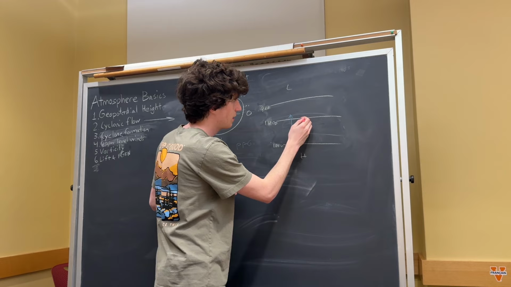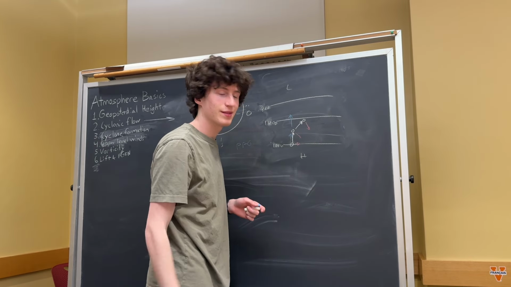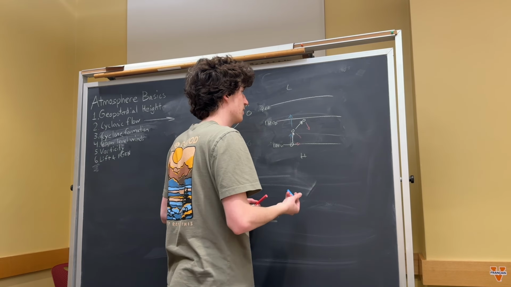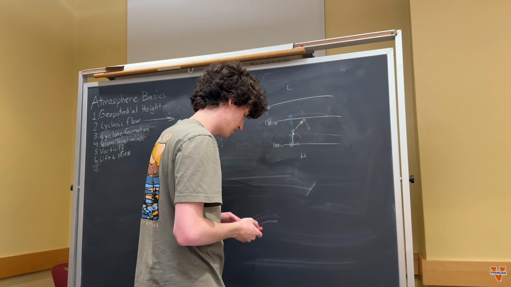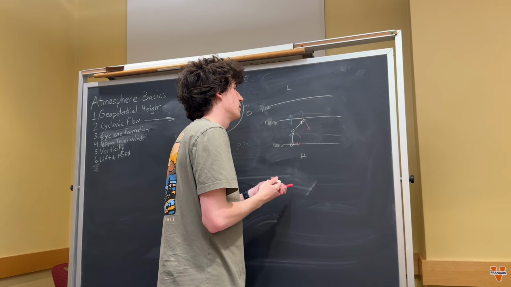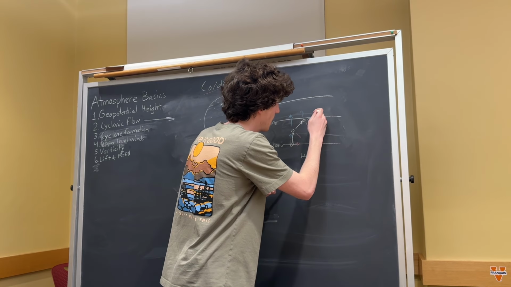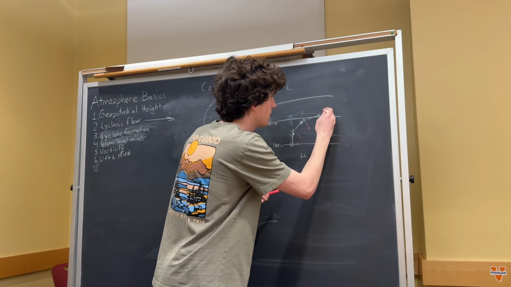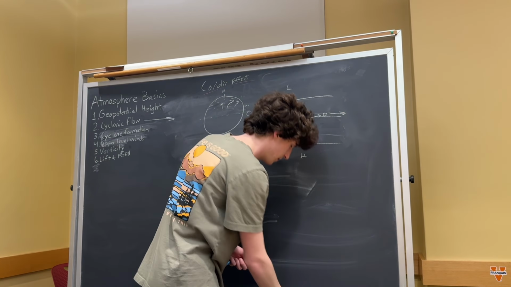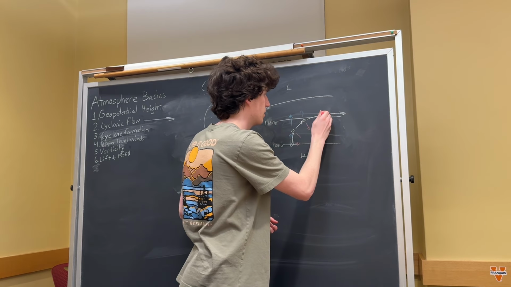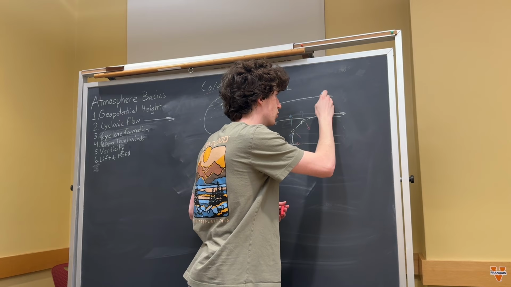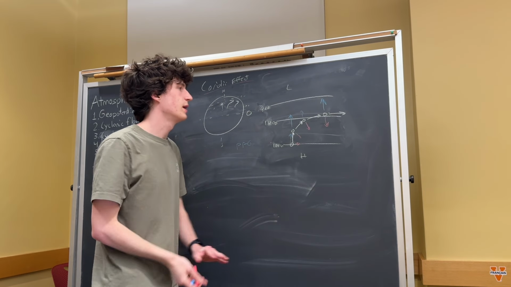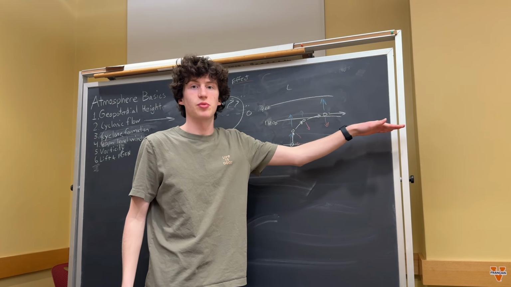Right is instead down. And the PGF, of course, is still just pointing toward the low pressure. So at this point, and at the end, our parcel will have the Coriolis effect counterbalance the pressure gradient force. And it'll be moving parallel to isobars.